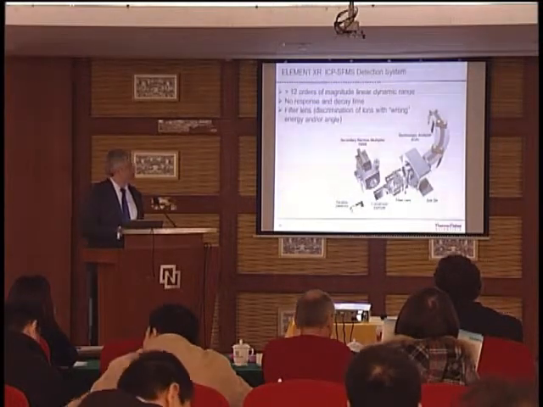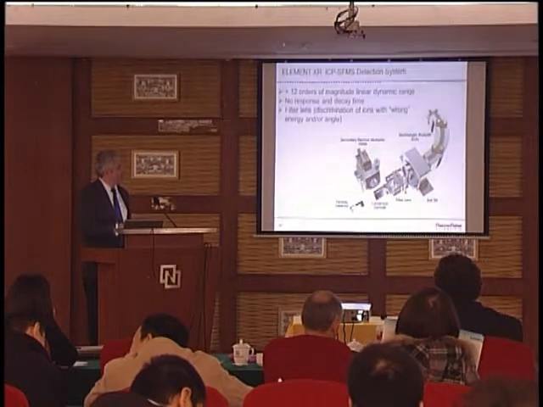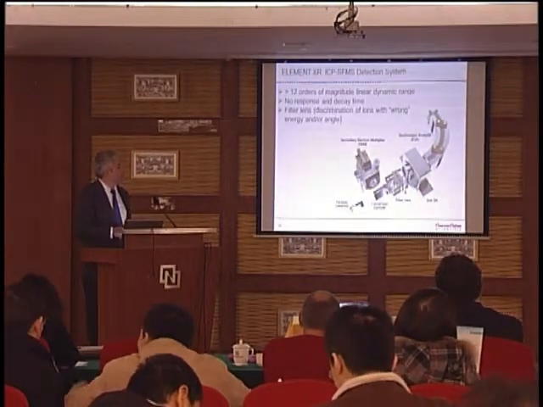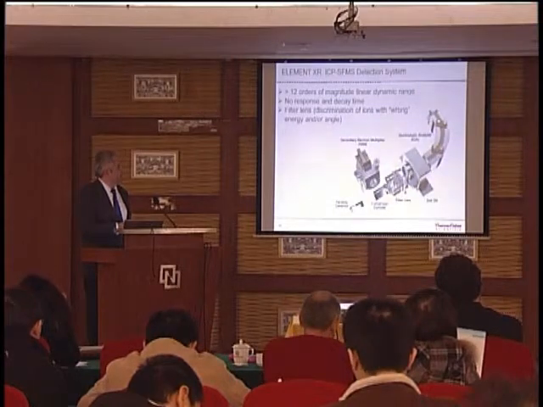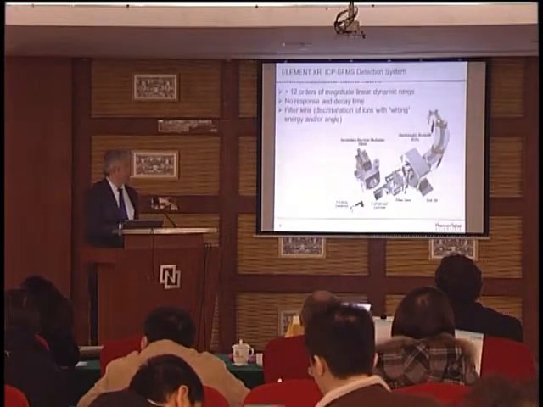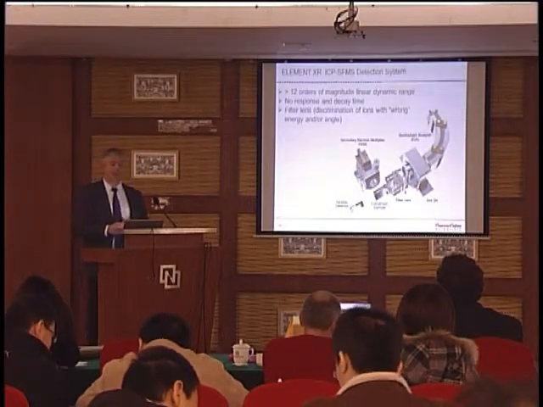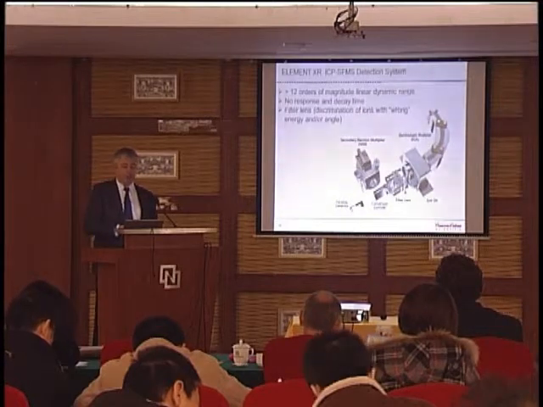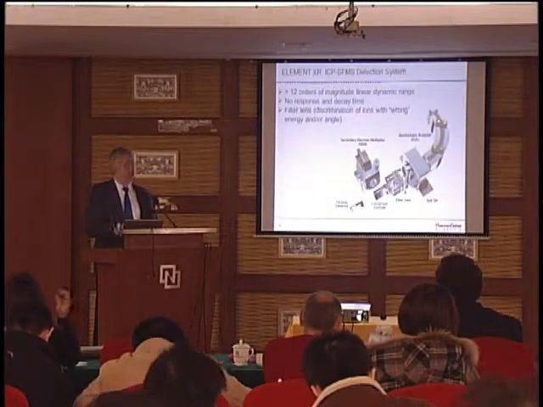So with the element XR detection system, you have the ESA, exit slit, a filter lens, the secondary electron multiplier with the dual mode, and a Faraday detector. The nice thing with this system is that you can achieve 12 orders of magnitude of linear dynamic range, even a little bit higher.